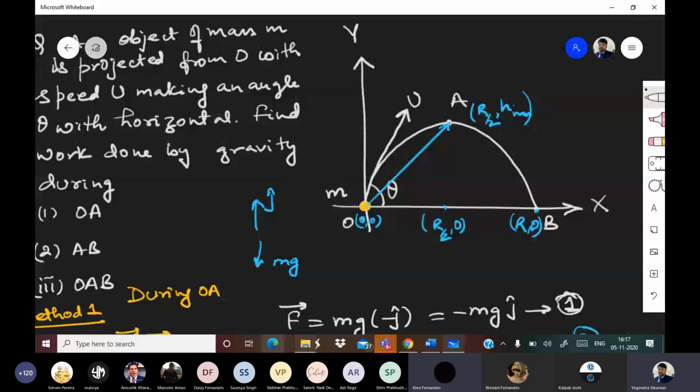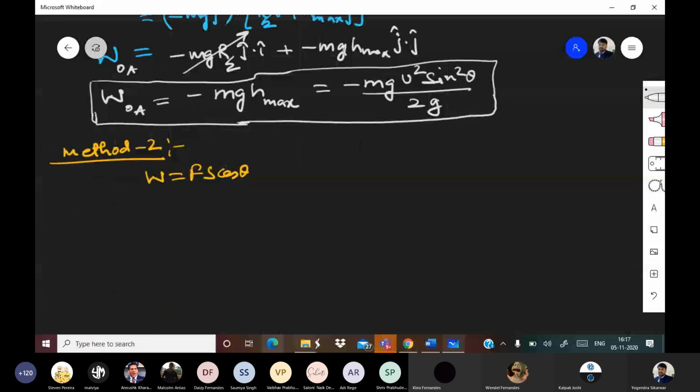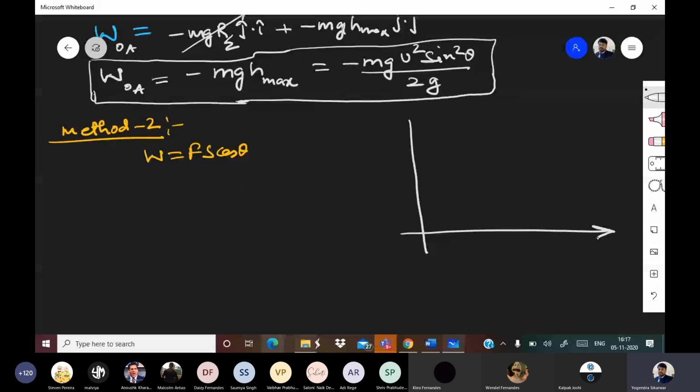I am redrawing the diagram for each part, because there will be slight changes in the diagram according to the method which we are applying. So this is O, this is A, B is not needed to mention, but still we are mentioning it. This is B, this is theta, this is u. So W is equal to Fs cos theta.